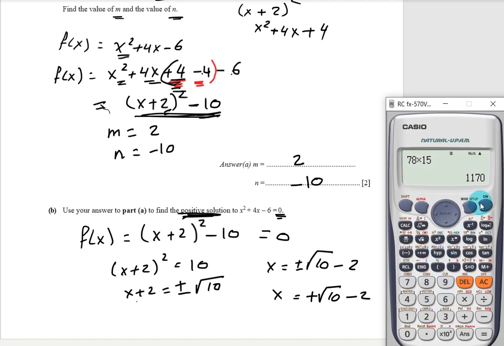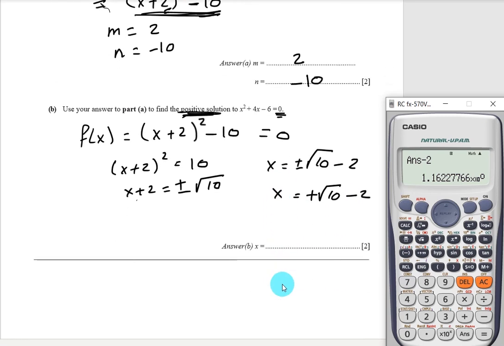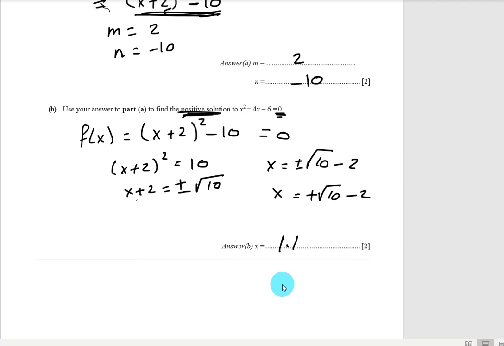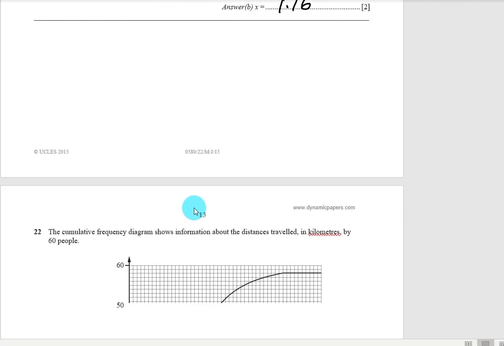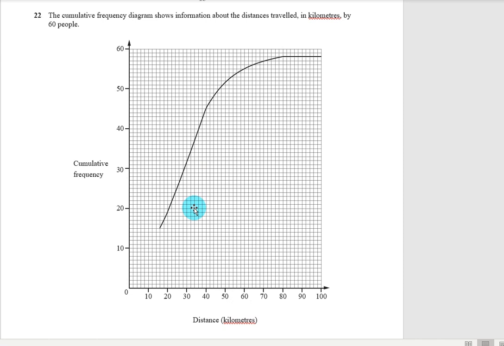Square root of 10 minus 2 is equal to, so the answer is 1.16. The answer will be 1.16, and this is the positive solution, the positive answer for this equation.